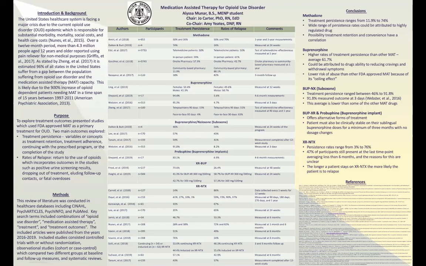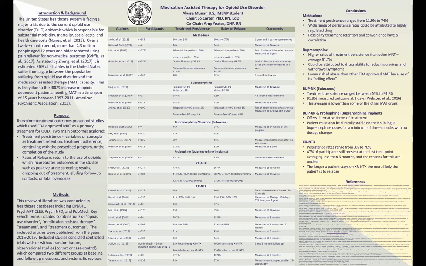Now, in order to find these studies, databases were searched, and they included CINAHL, PsycArticles, PsycInfo, and PubMed. The key search terms included combinations of opioid use disorder, medication-assisted therapy, treatment, and treatment outcomes. The articles included were from 2016 to 2019.